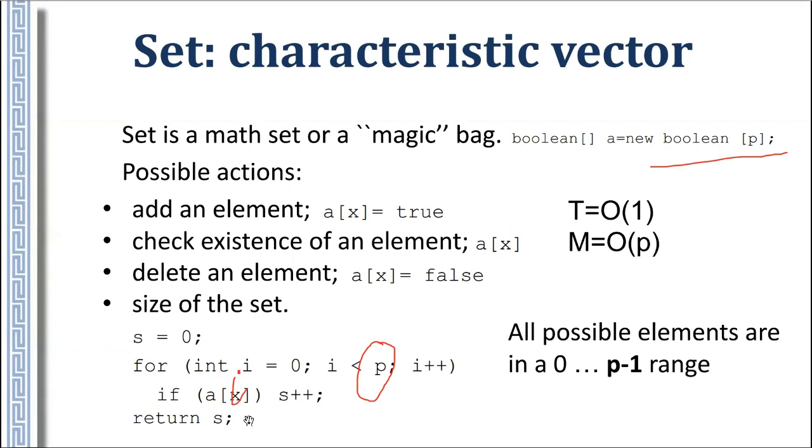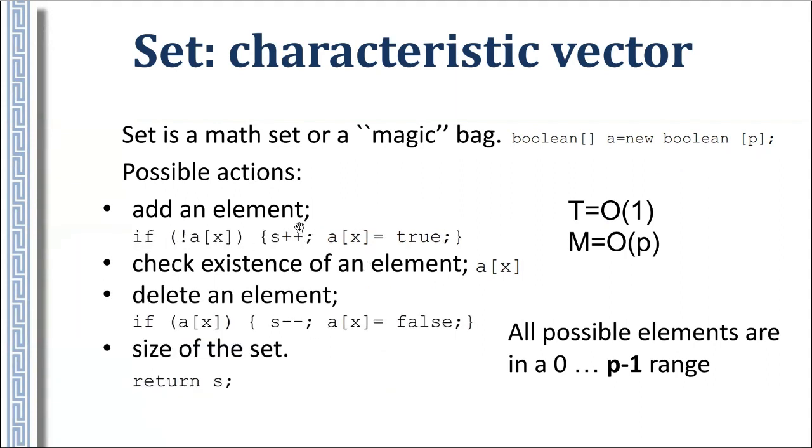Okay, let us have constant time for size too. How can we do it? We can change the variable s when we add an element or remove an element from our set.